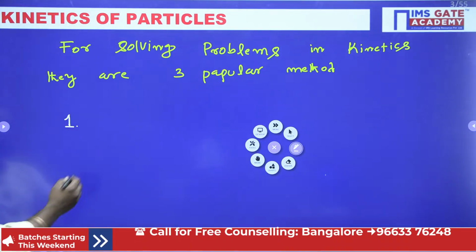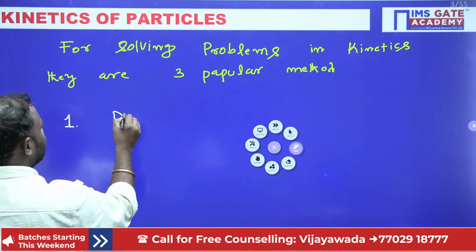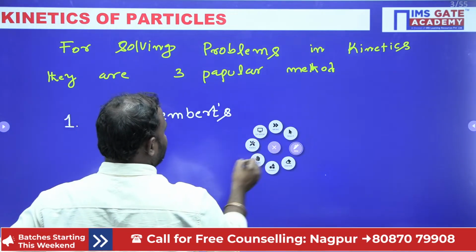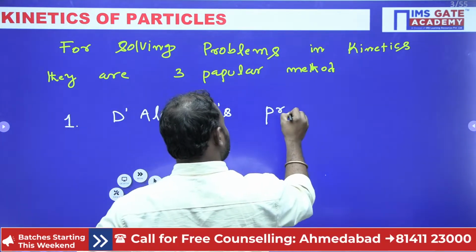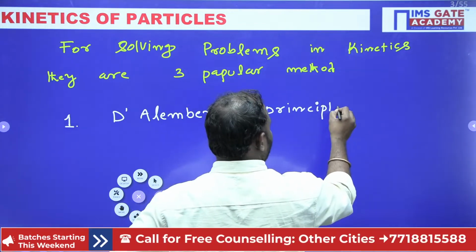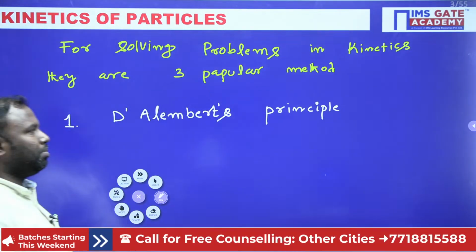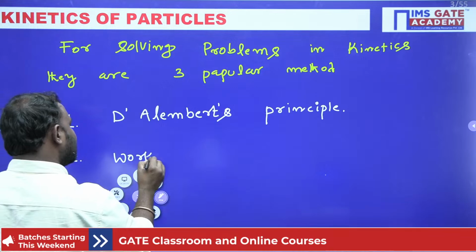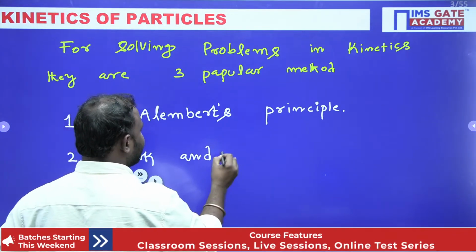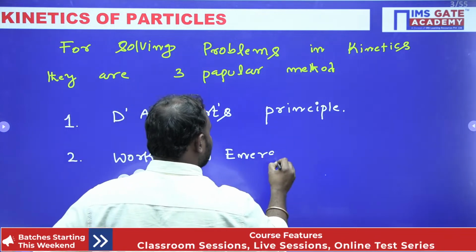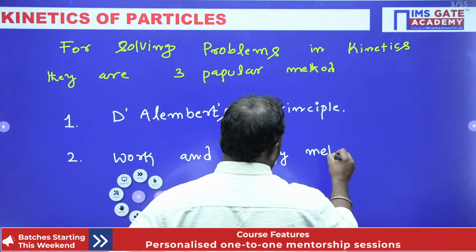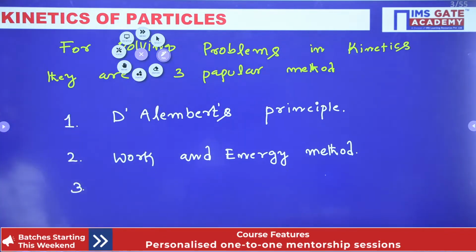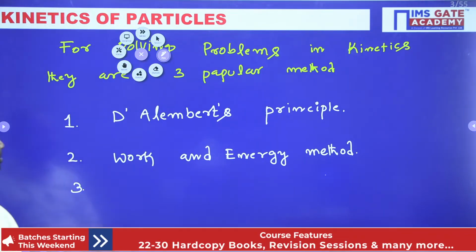The first method is the D'Alembert's principle. The second method is the work and energy method, and also the impulse and momentum method.